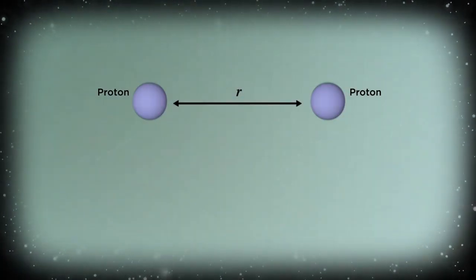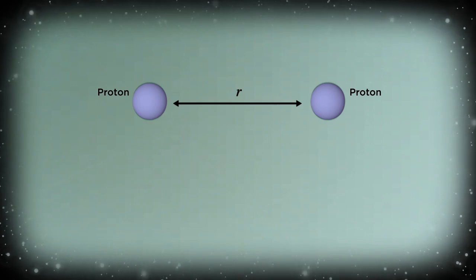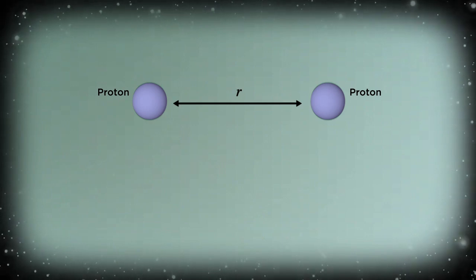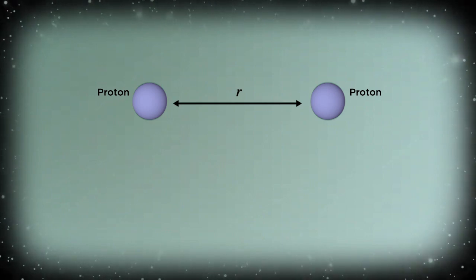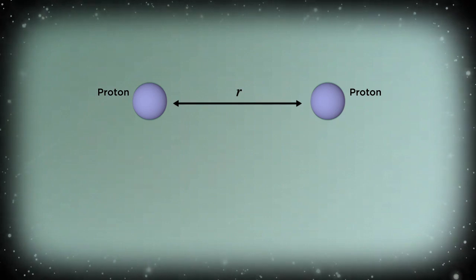But there are major differences between gravity and electromagnetism, starting with the fact that electromagnetism is much stronger. Say you have 2 protons separated by some distance r. What's the ratio between the force of electric repulsion and the force of gravitational attraction?